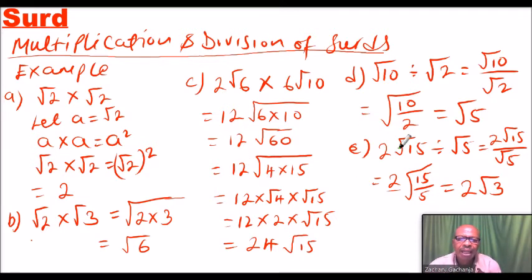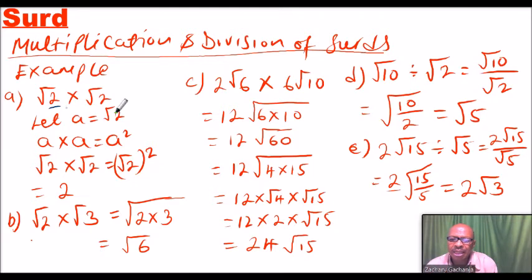So we are able to multiply and divide surds. But one thing you note, unlike what we said on addition and subtraction, when we are multiplying, the number under the square root sign does not matter. As you can see here, the numbers were the same.